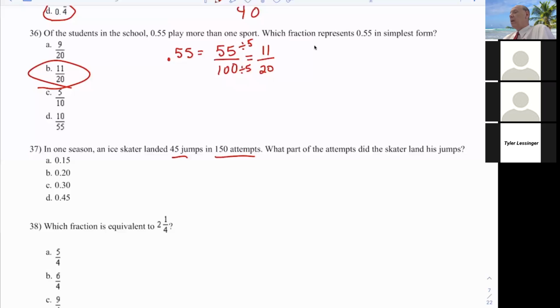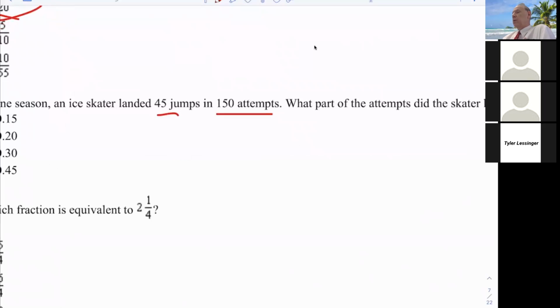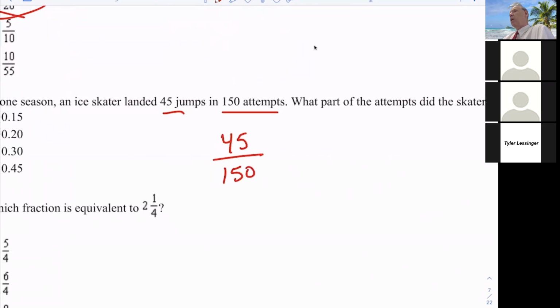45 out of 150. So 45 divided by 150. Now, before I do that division, because it's a decimal, what could I reduce both by to make it easier? 5. So let's divide by 5.